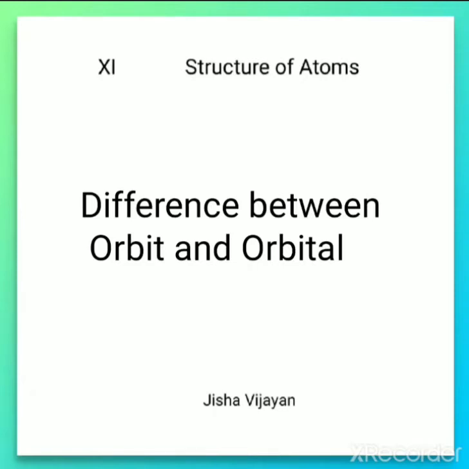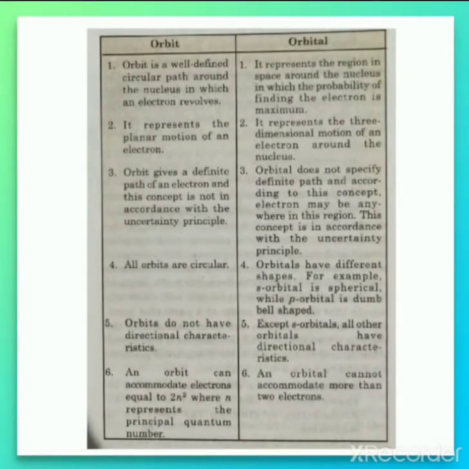Hello students, let us discuss the difference between orbit and orbital in the chapter Structure of Atoms. Orbit, which you are quite familiar with, is a well-defined circular path around the nucleus in which electrons revolve.